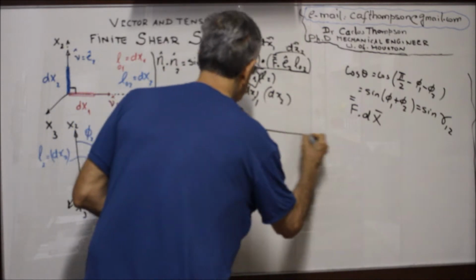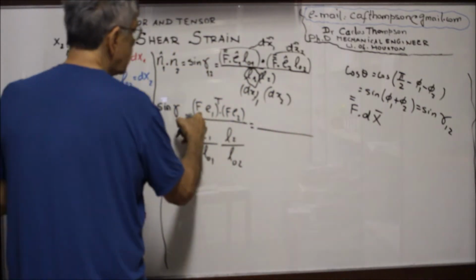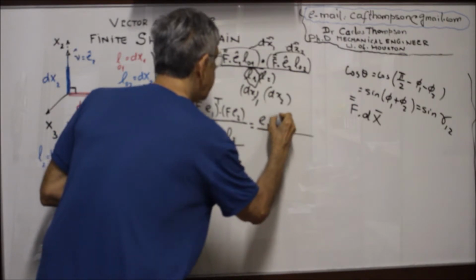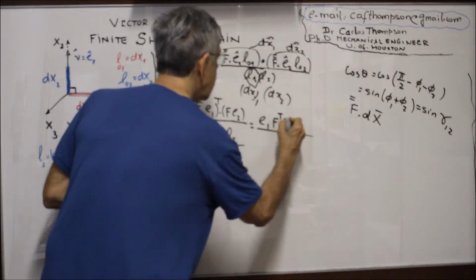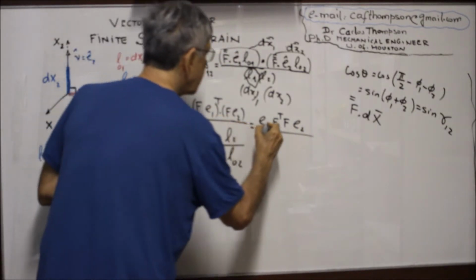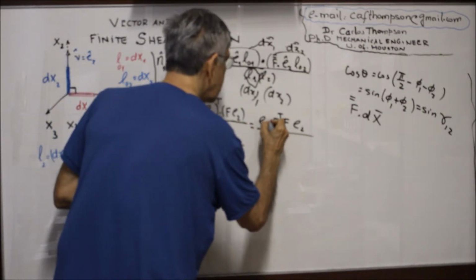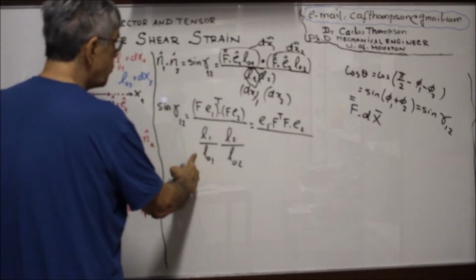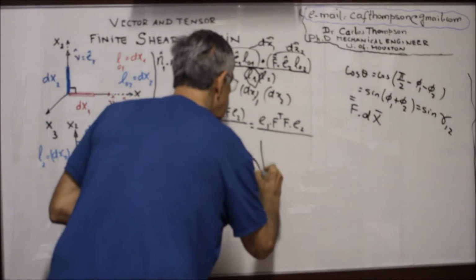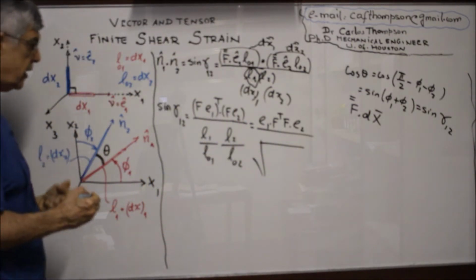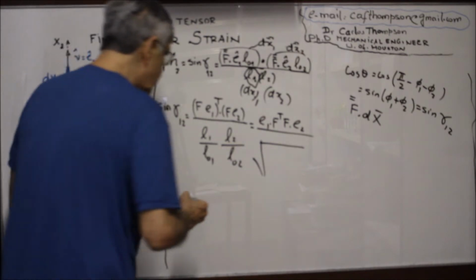This will be, now the transpose, we have E1, F transpose F, E2. So there's a dot product of this over here. And now this is the stretch ratio. You can write the stretch ratio just as we did previously in the last lecture.